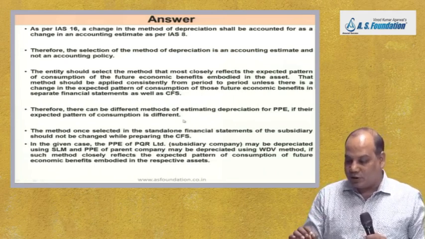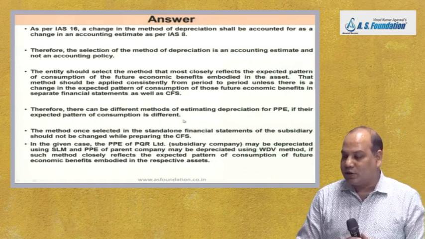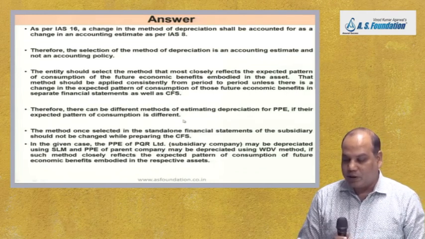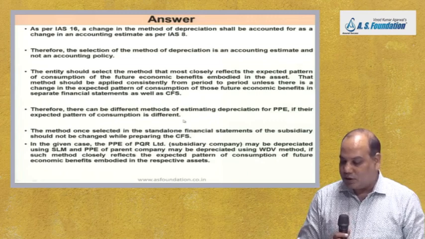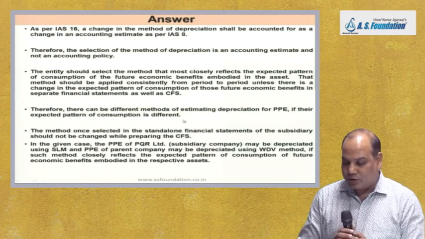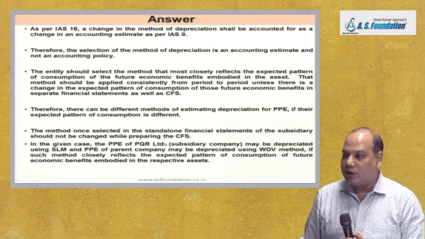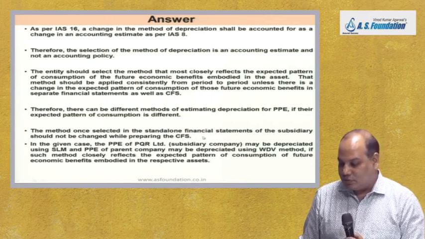Therefore, underline again, there can be different methods of estimating depreciation for PPE if their expected pattern of consumption is different. The method once selected in the standalone financial statement of subsidiary should not be changed while preparing the CFS because it is not an accounting policy. It is a method of calculating the estimate of depreciation.